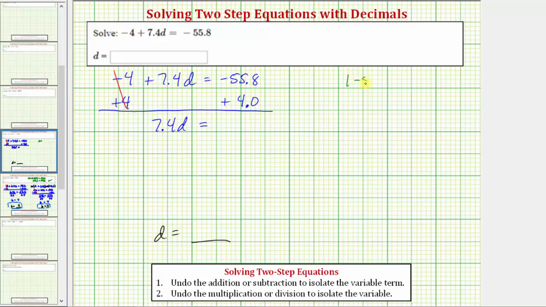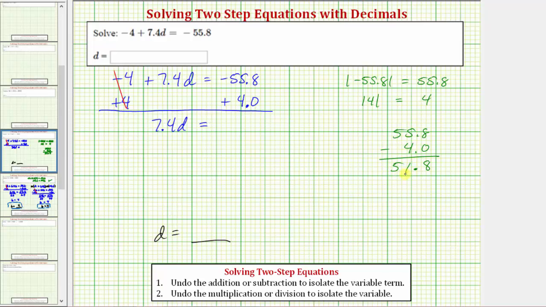So the absolute value of -55.8 equals 55.8, and the absolute value of 4 is 4. And now we subtract the smaller value from the larger value, so 55.8 minus 4.0. With the decimal point down, 8 minus 0 is 8, and 55 minus 4 is 51.